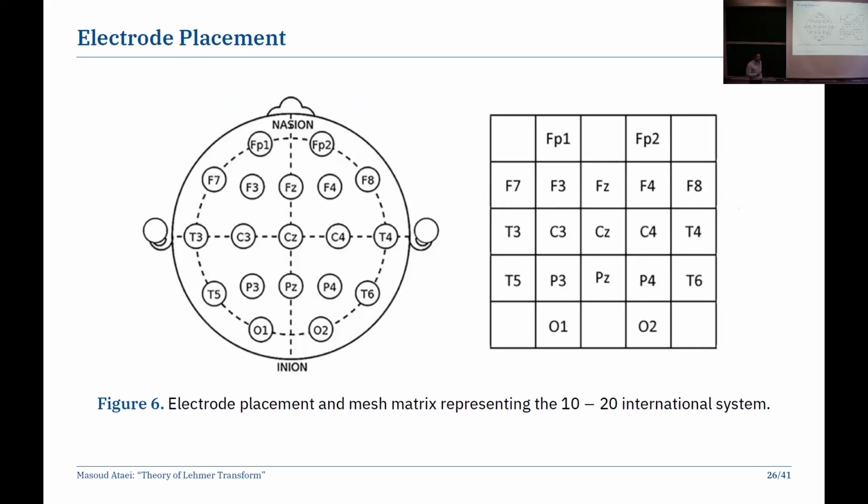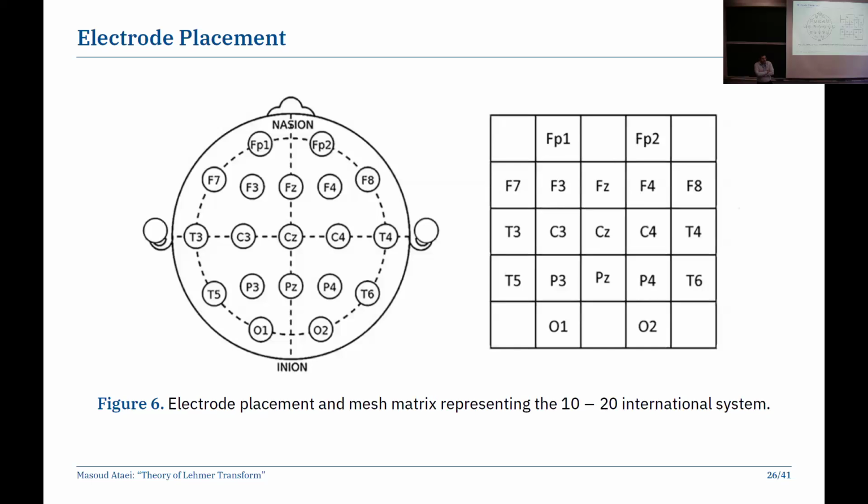Let's go through the spatial organization of the electrodes on the skull. On the top, we have frontal cortex, which is responsible for executive function, attention, and cognitive flexibility. On the sides, we have temporal lobes, which are responsible for language and memory.